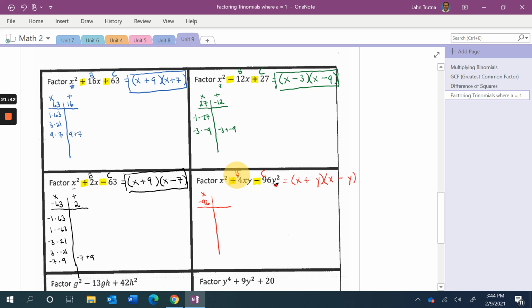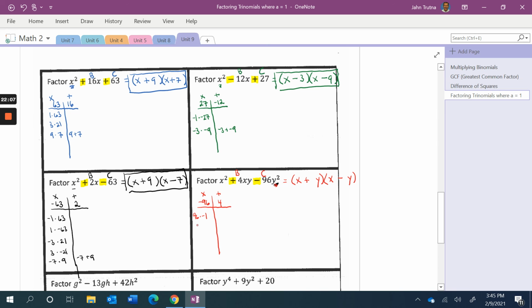And then I take my b value, which is positive 4, and those same two numbers are going to have to add to make positive 4. But because my factors are a plus and a minus, the two numbers have to be a positive and a negative, like positive 96 times negative 1. Well, that's not going to work because when you add that up, you don't get 4. So we're going to have to play with numbers here.